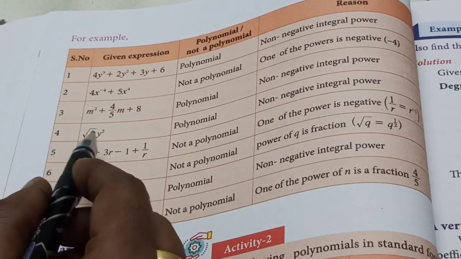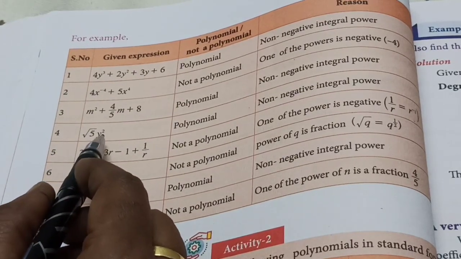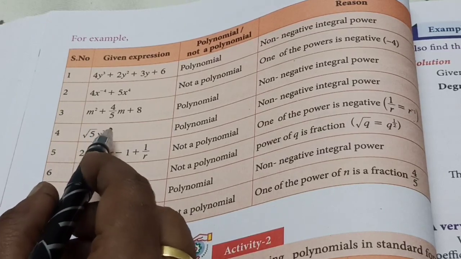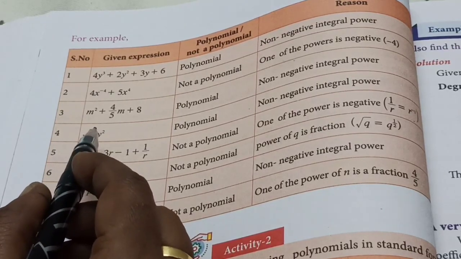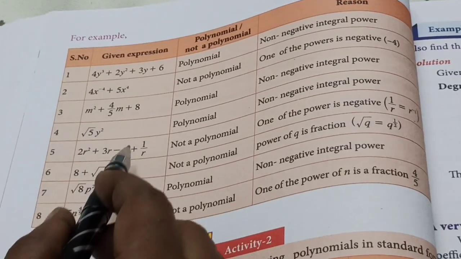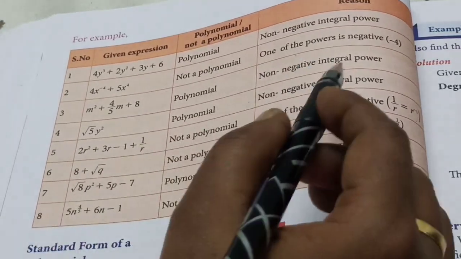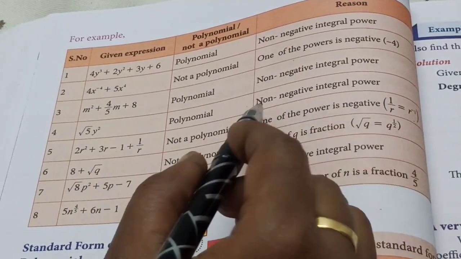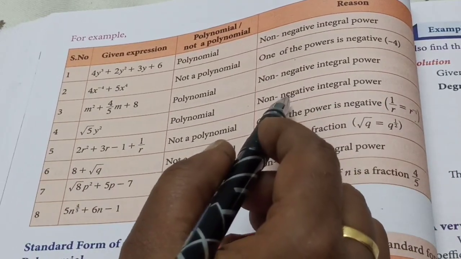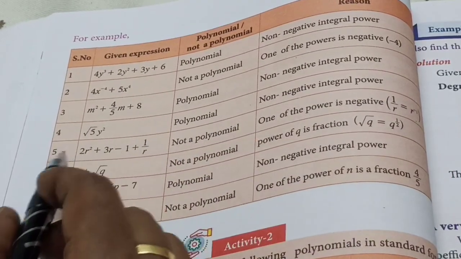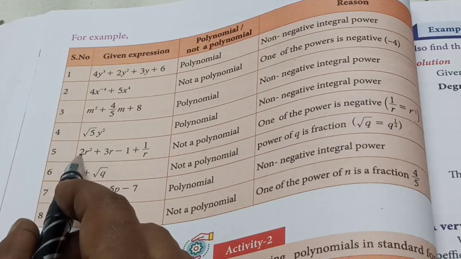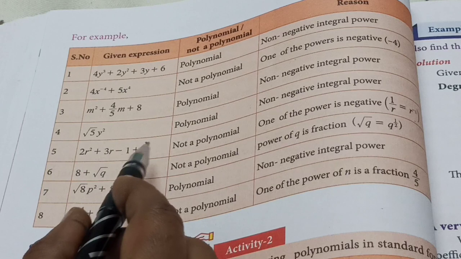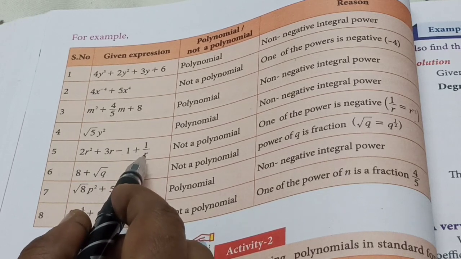Okay, fourth one, here square root of y power 2. Okay, y power 2 is the polynomial, isn't it? This is the polynomial. What's the reason? Non-negative integral power. Non-negative means positive. Okay, then fifth one, 2r square plus 3r minus 1 plus 1 by r.